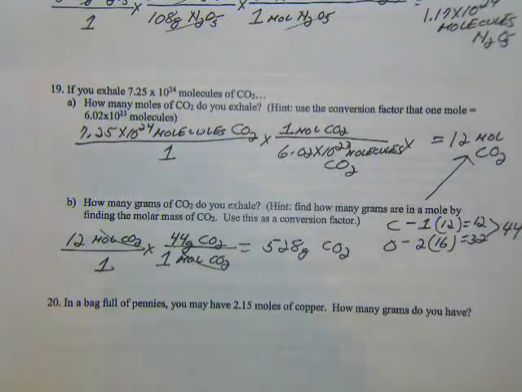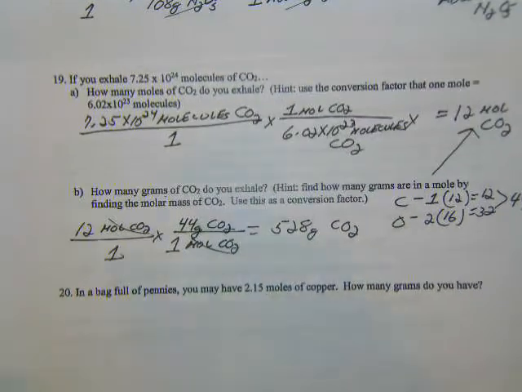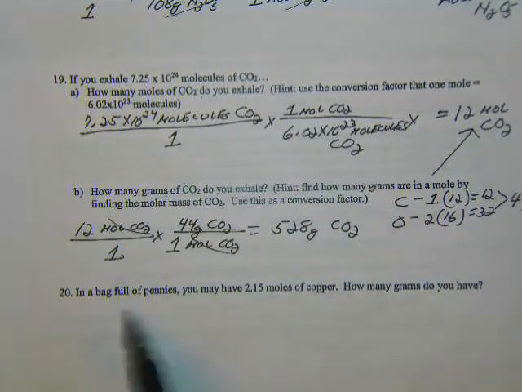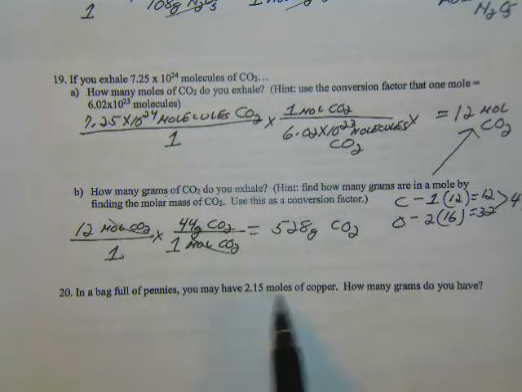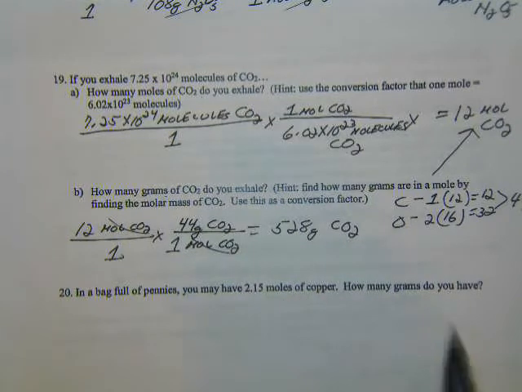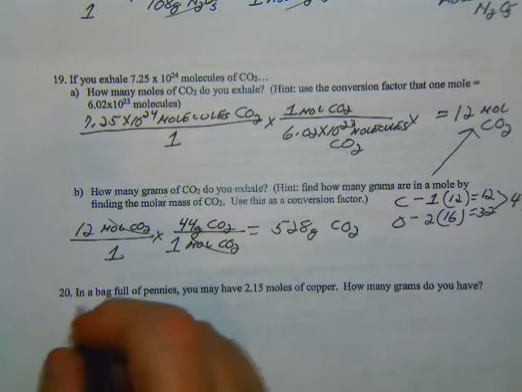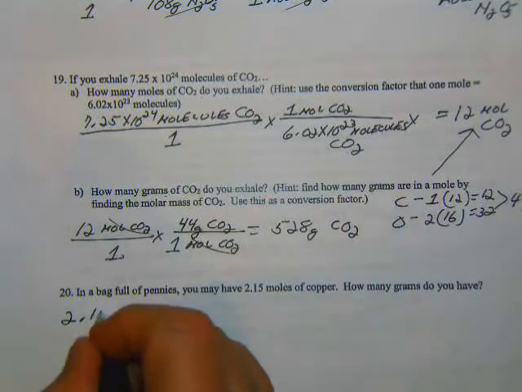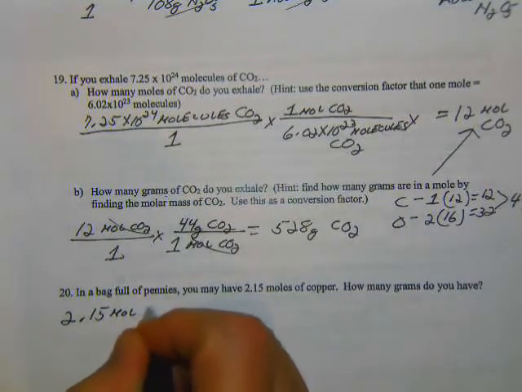I keep repeating myself, but it's the procedure and the thought process. The numbers are going to change. Once you get the thought process and the procedure down, the problems really don't become that bad. In a bag full of pennies, you have 2.15 moles of copper. How many grams do you have? We've got 2.15 moles of Cu.